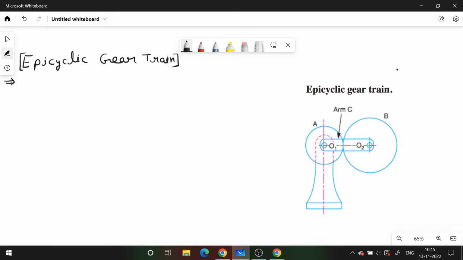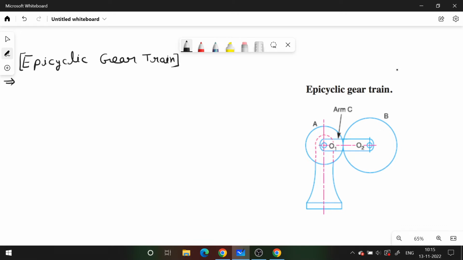Here, gear A is mounted on a shaft whose center of rotation is O1, and gear B is mounted on a shaft whose center of rotation is O2.